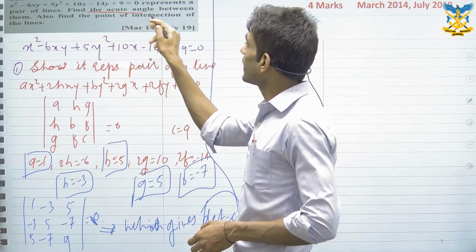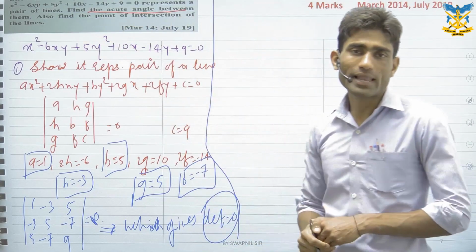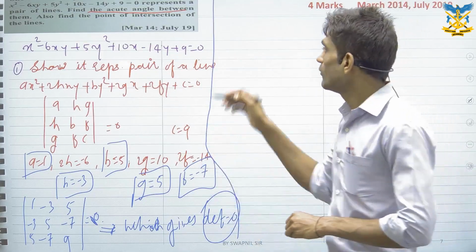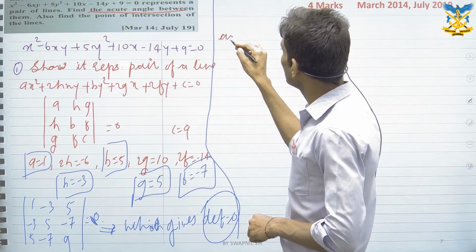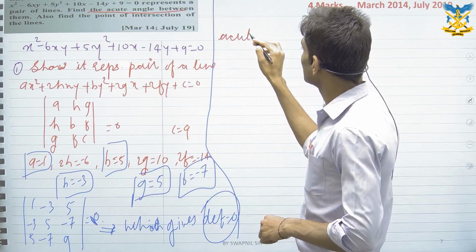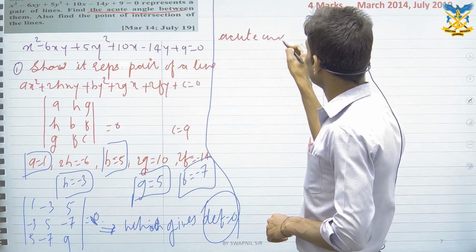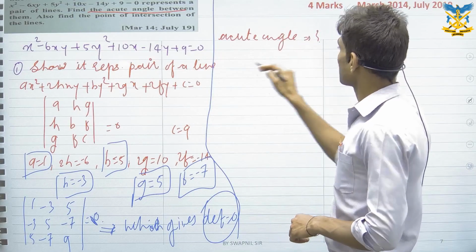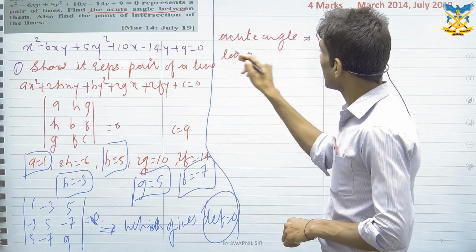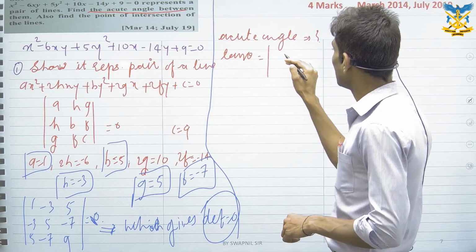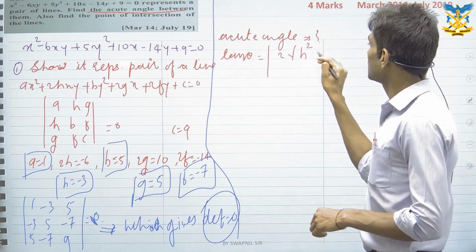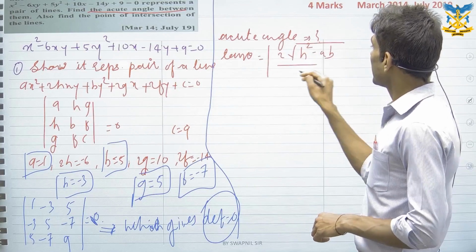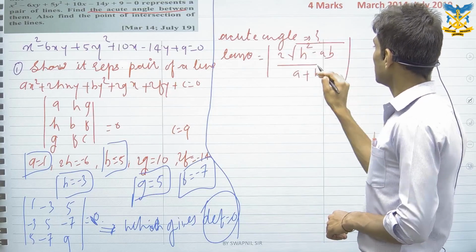Find the acute angle between them. We have the lines, and we have to find the acute angle. For finding the acute angle, we have to find tan theta. We know that tan theta can be written as 2 times the square root of h square minus ab, upon a plus b, as the acute angle.